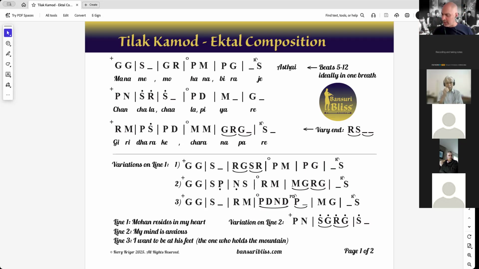I'm going to slow down a little bit. It was at 188. I'm going to put it at 172 beats per minute right now. You can play it slower or faster if you want.